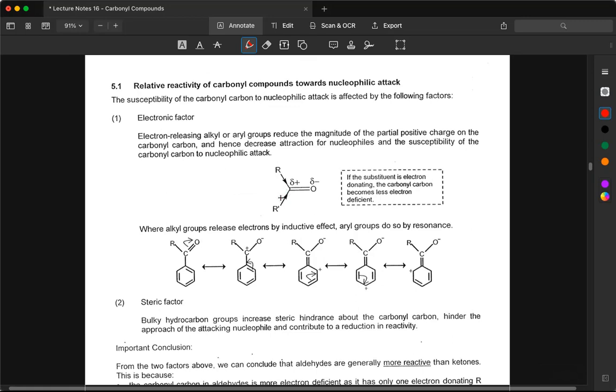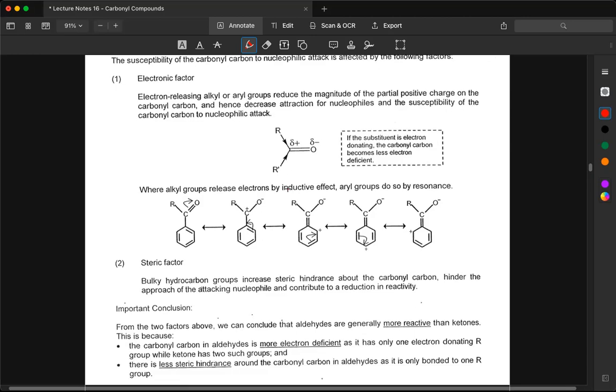So if the substituent is electron donating, you are going to make the carbonyl carbon less electron deficient because you donate electrons to the carbon. So it will be less likely to attract a nucleophile and hence undergo nucleophilic attack.